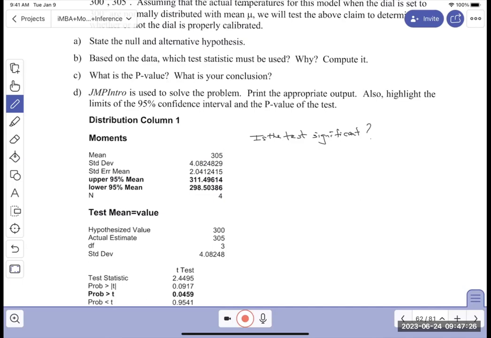So let's see what we have here. Which mean is this? What are moments?